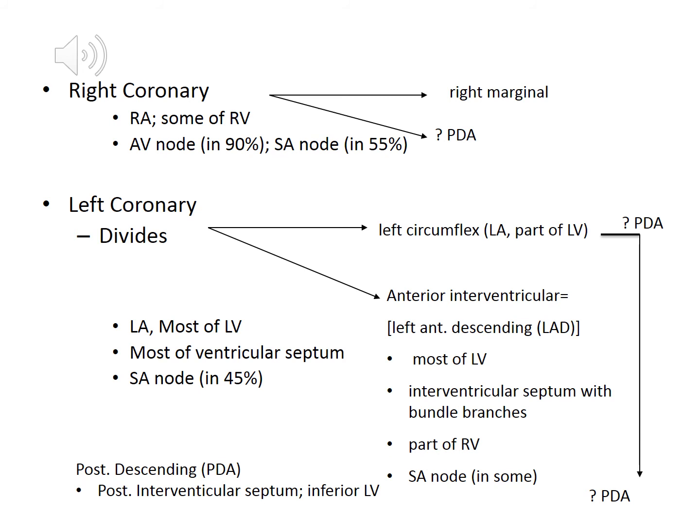This really is not of huge functional significance to the physical therapist, whether the right coronary artery or the left circumflex artery actually forms the posterior descending artery. But it is important to note that the posterior descending artery does provide blood supply to the posterior aspect of the interventricular septum and also to the inferior portion of the left ventricle.